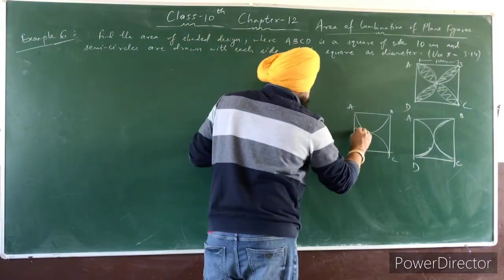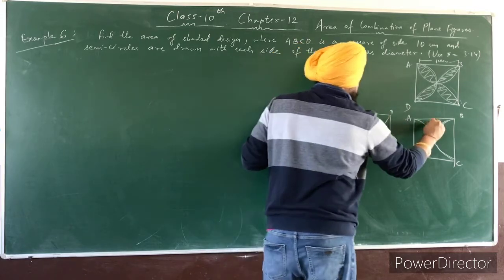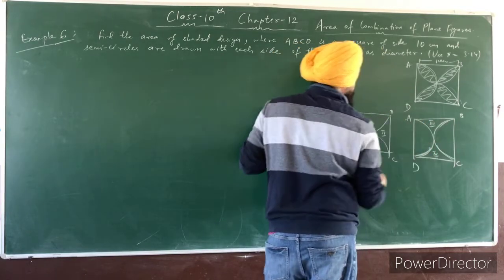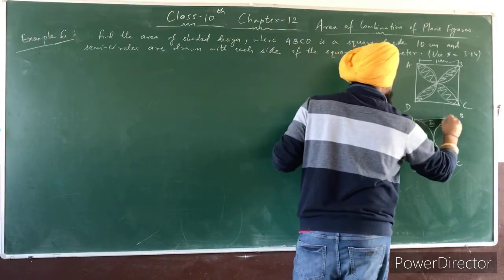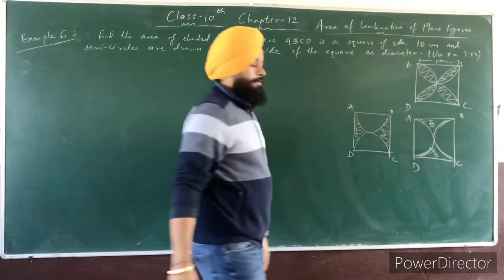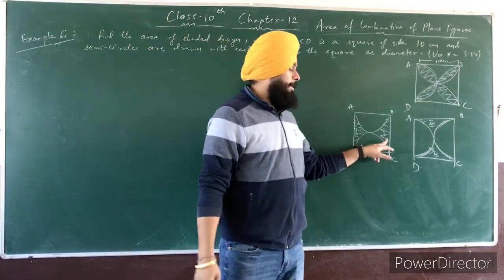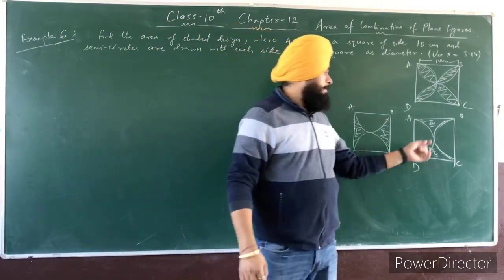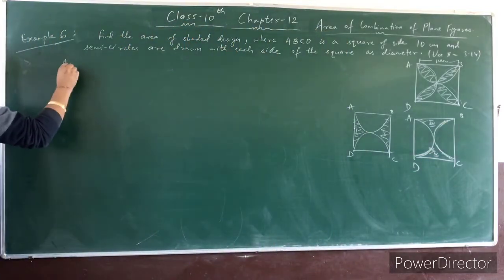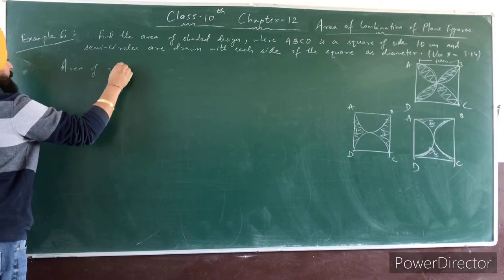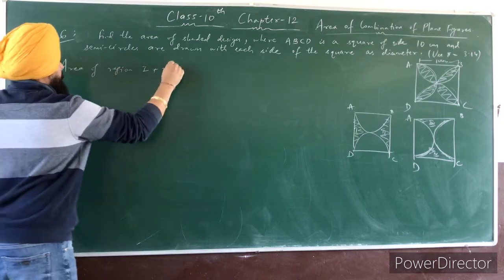Name them region 1, region 2, region 3 and region 4. So first we can find the area of region 1 and 2, and then we can find the area of region 3 and 4. So first find the area of region 1 and 2.